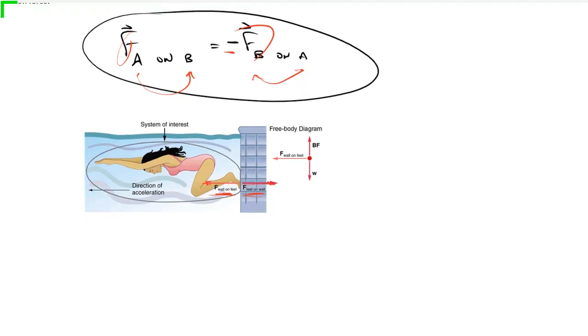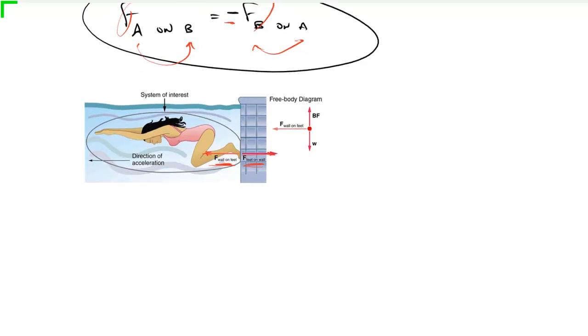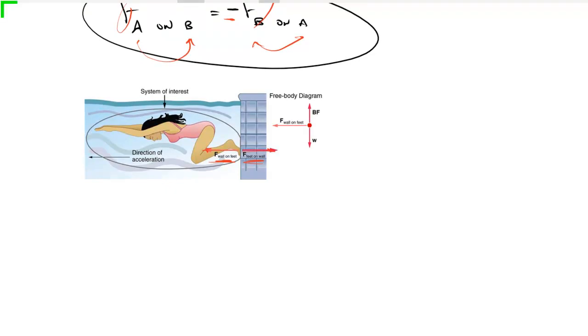The way we make use of this is that we know that a force is a mass times acceleration. So the direction of the force will be the direction of the acceleration, and she is trying to accelerate to the left. But what she does is she exerts a force to the right.